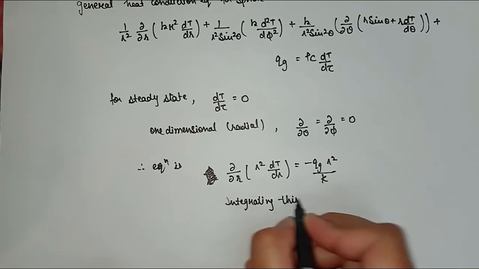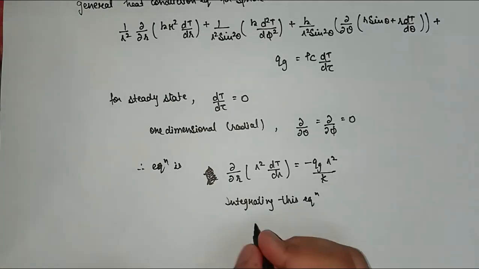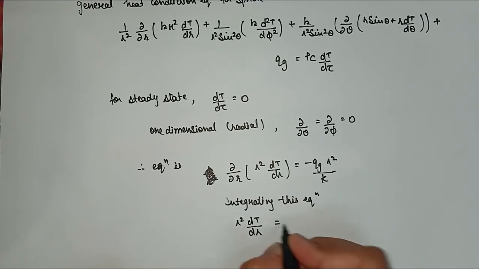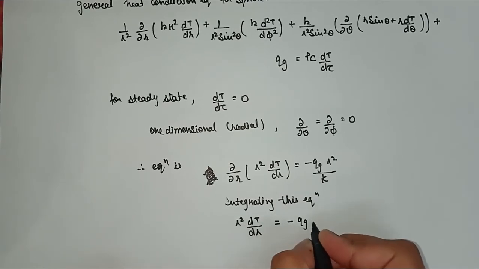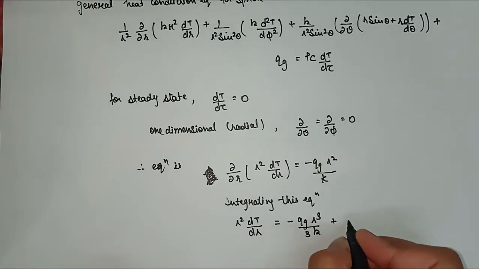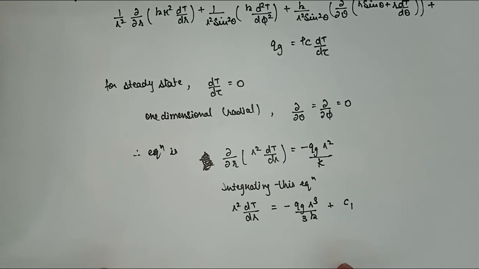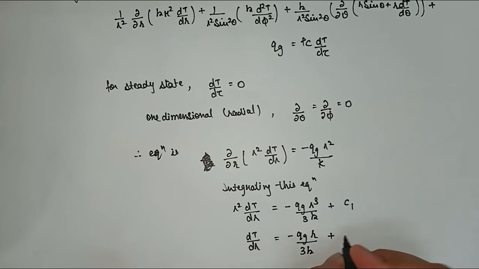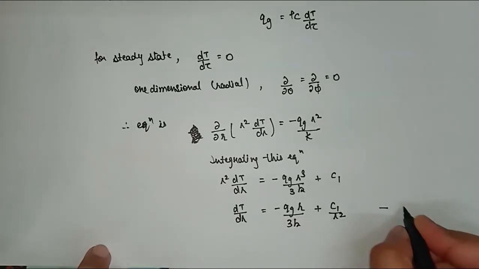Now integrating this equation with respect to r, we will get r square dT/dr equals minus qg r cube divided by 3k plus c1, where c1 is the integration constant. This equation can also be written as dT/dr equals minus qg r divided by 3k plus c1/r square.